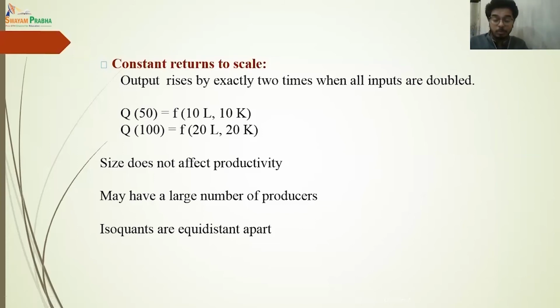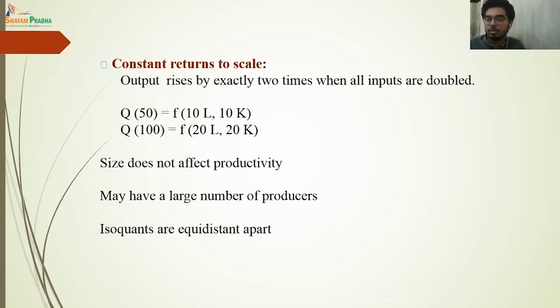And if we observe that when we are increasing our labor and capital by a particular amount, my quantity of production is increasing by the same proportion. So the labor and capital increases from 10 to 20, 10 to 20, and my output has increased exactly 50 to 100, unlike the previous case, right?